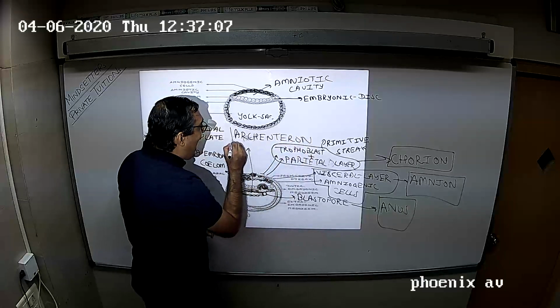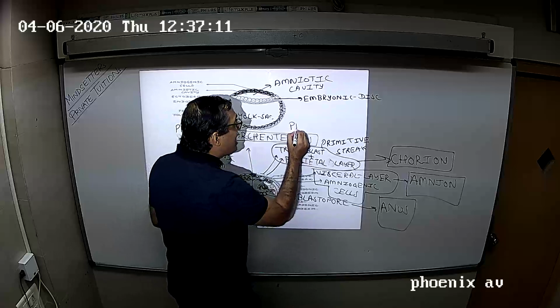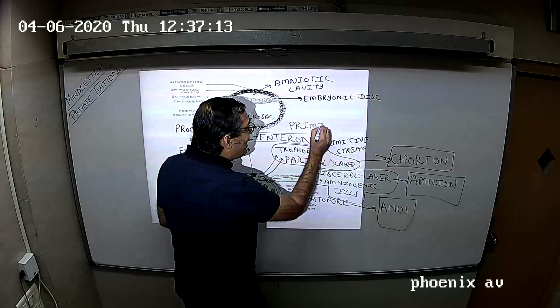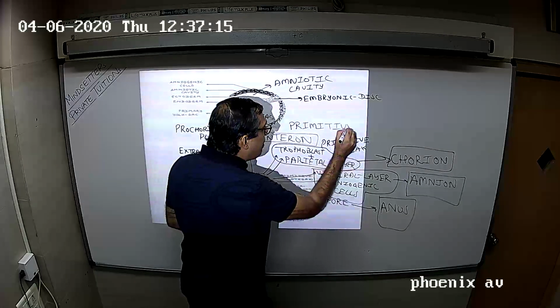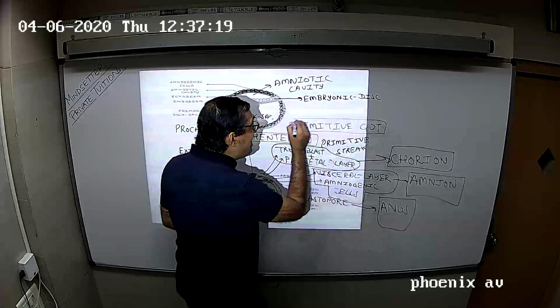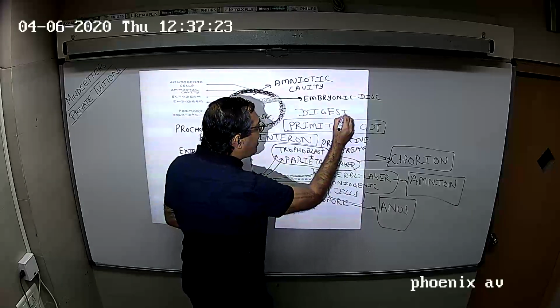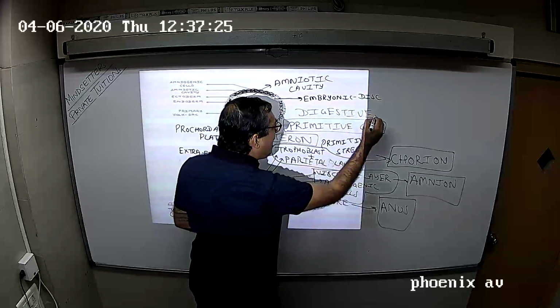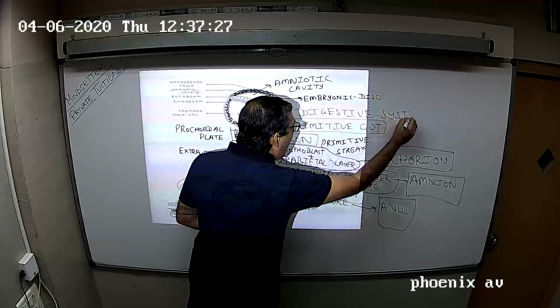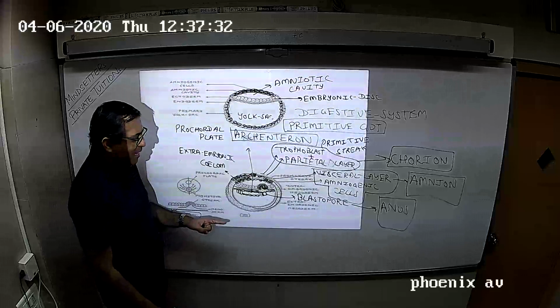Archenteron, which is actually the primitive gut. What is gut? Gut is the digestive system. The first part of the baby which will develop is the digestive system of the baby.